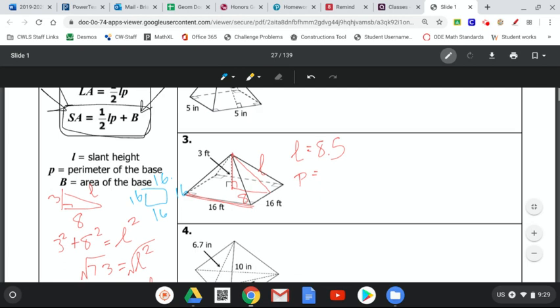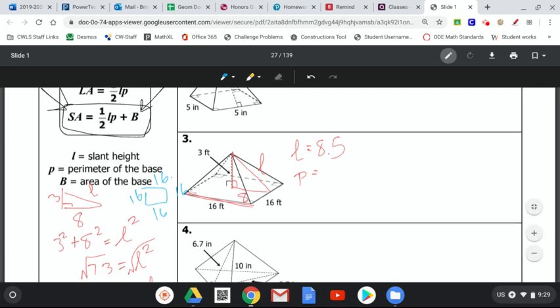So we just do 16 times 4, add up 16 4 times, and that is going to give us 64. And then the area of our base, that is going to be 16 times 16, which is 256.